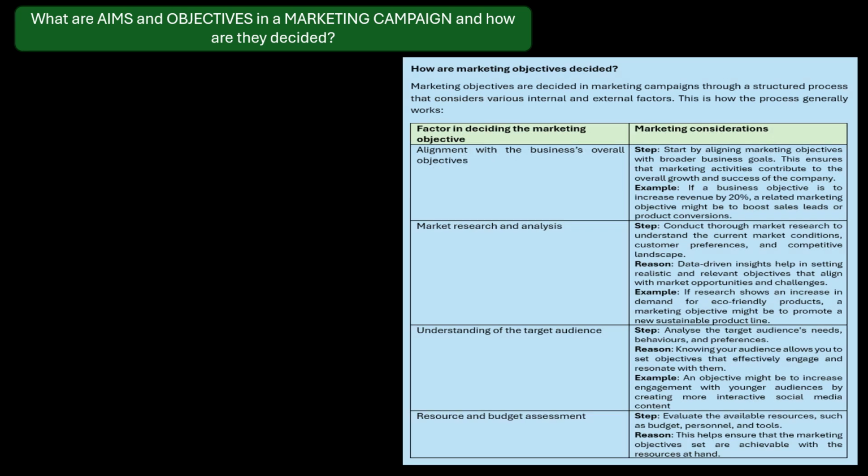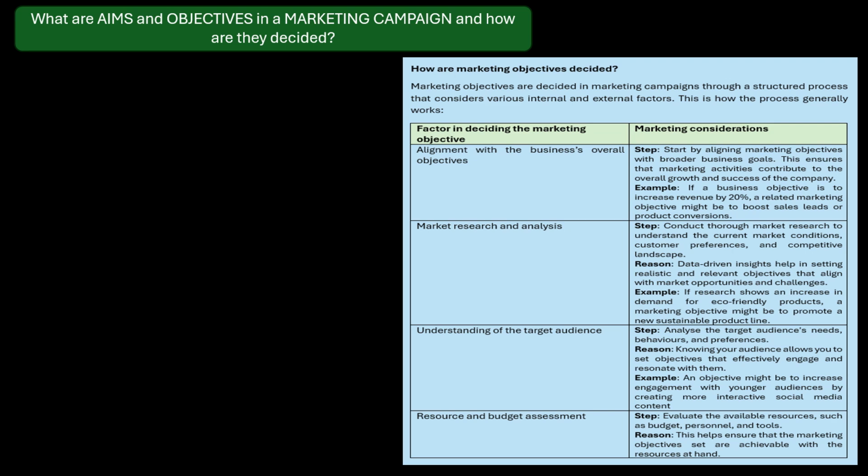So how are marketing objectives decided? If you've got a business and then you've got a product and you want to market that particular product, there are certain factors that the business might consider when it comes to setting those marketing aims and objectives. So let's have a look at an example of some of them.